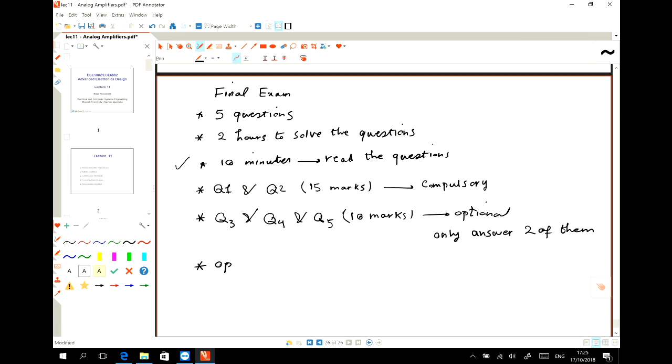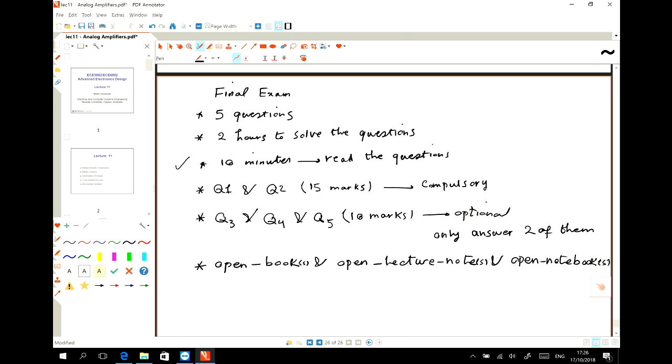The exam is open book, open lecture notes, and open notebook. And all of these are plural. Okay? I mean, you can take anything that you want, except your laptop and phone.